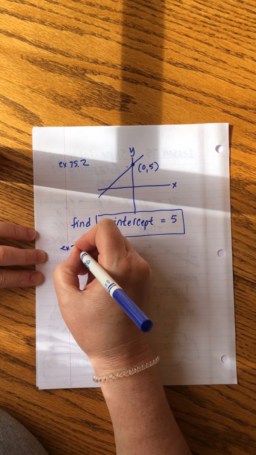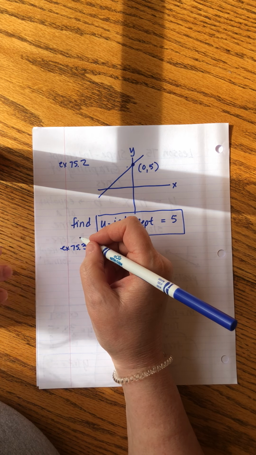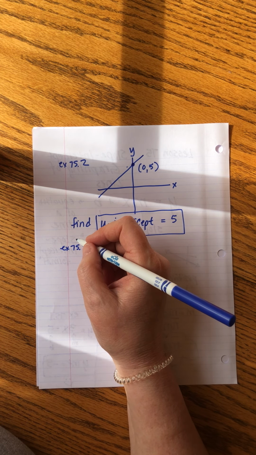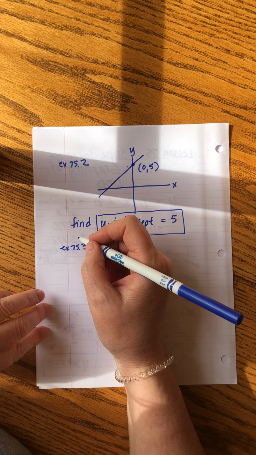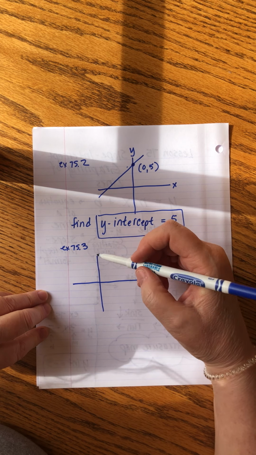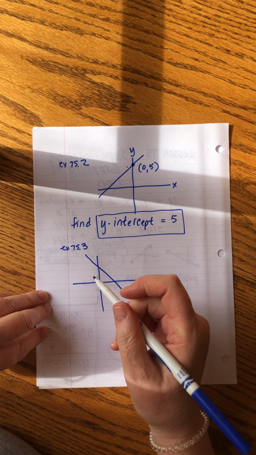75.3. Find the equations of the lines graphed in the accompanying figures. All right, I'll do my best to recreate it. There's a line that goes like this.